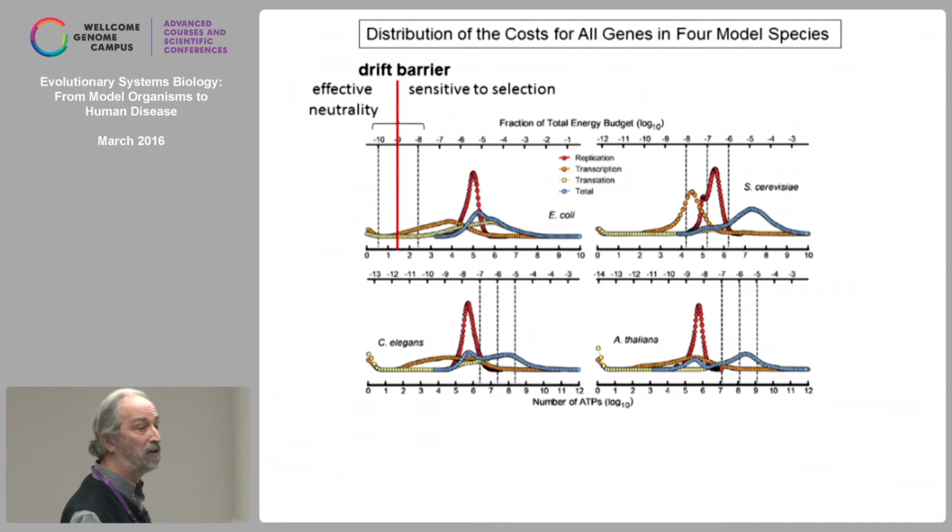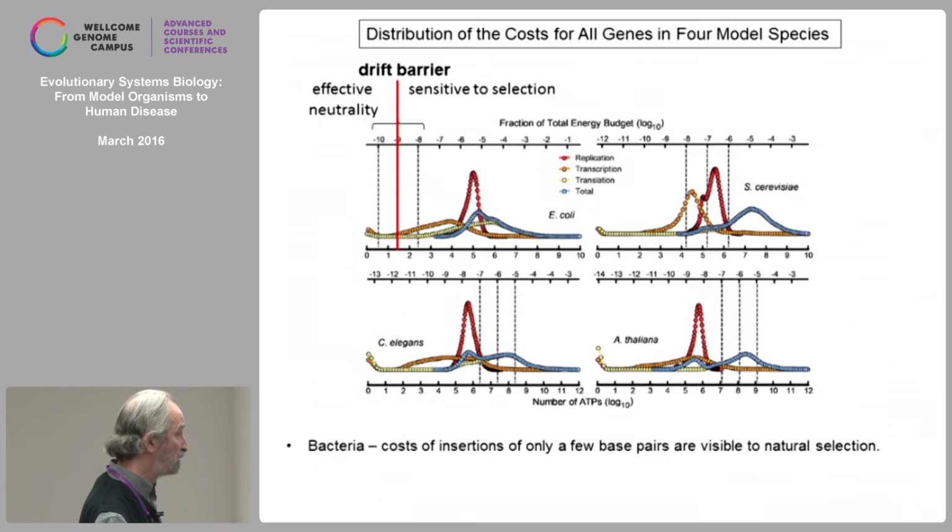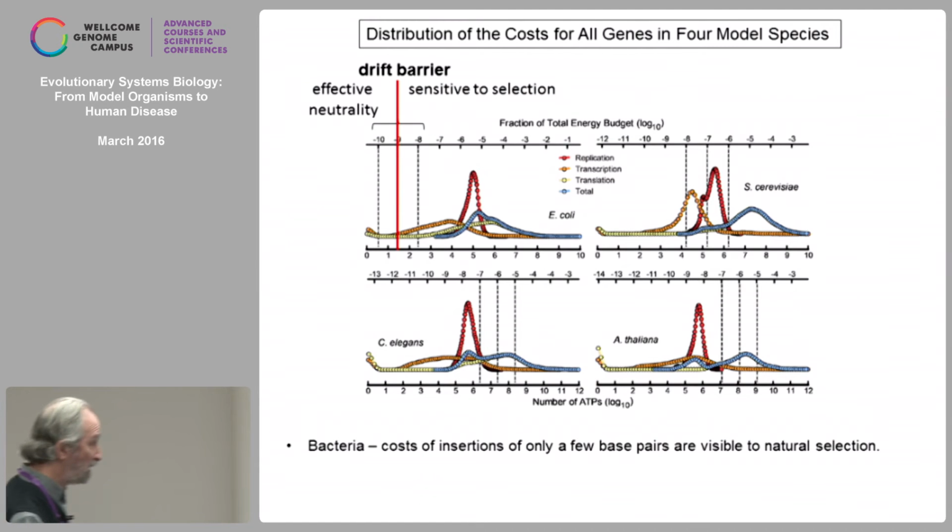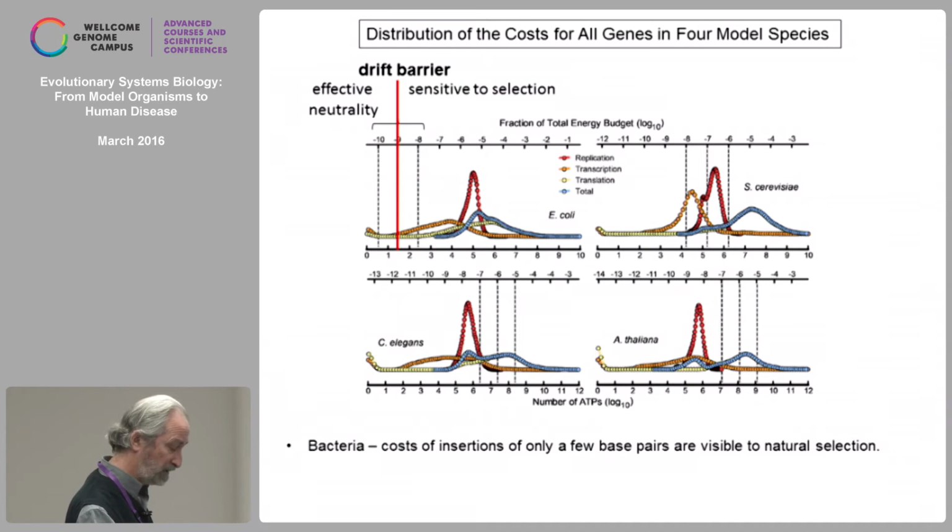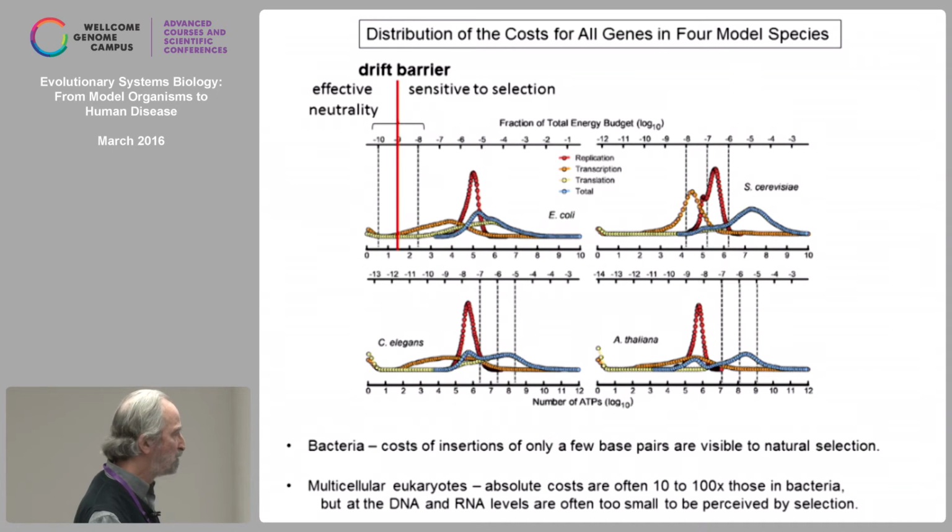It could never be eliminated by natural selection. So to summarize, for bacteria, the cost of insertion of things as small as just a few bases can be felt by selection, the energetic cost. Whereas when we get into multicellular species, really large insertions, even if not expressed, can't be felt by the eyes of natural selection.